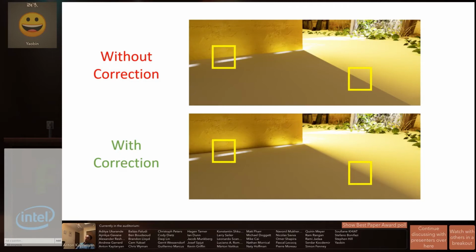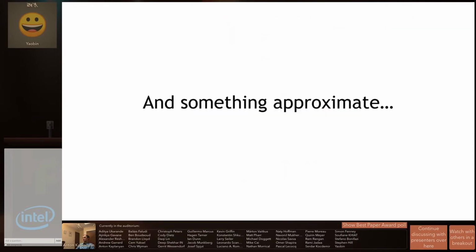Here is the result. In this case, the sunlight goes through the door, producing indirect light in the room. Without correction, we'll see lighting discontinuities on the floor and overestimated lighting at the base of the wall. With correction, the result is unbiased. But there are also some approximations in our algorithm.